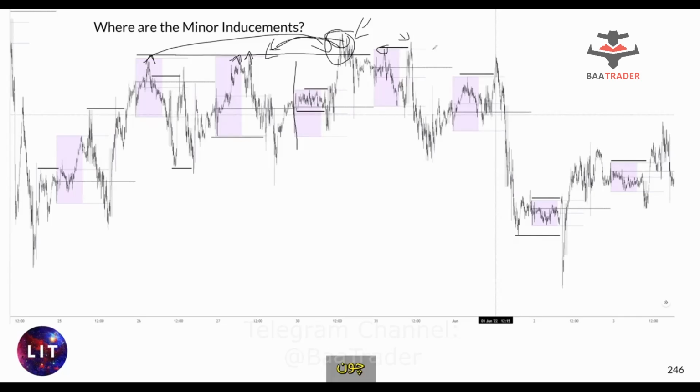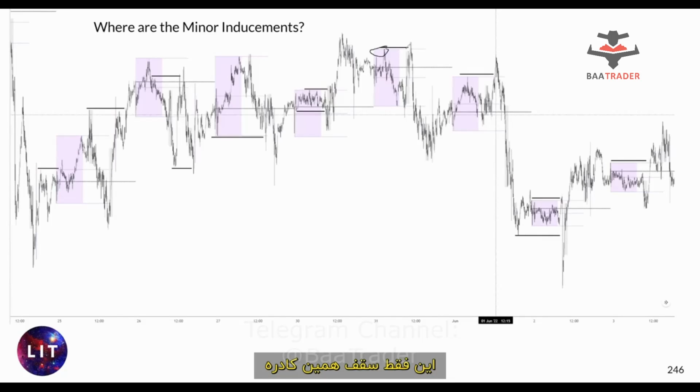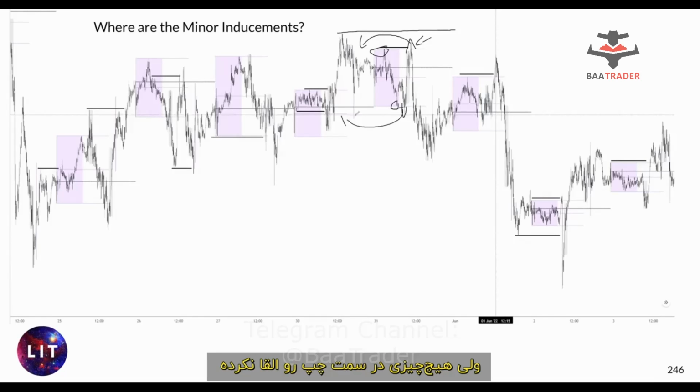What's the difference? Because this is just the high of this box, perfect, gets induced to the high side, but did not induce the structure to the left. So this is minor, okay? Same thing here, induces the low, right? But not induces anything to the left. So this is minor, okay? Same thing here, induces, yes, the high of this box, but nothing to the left.